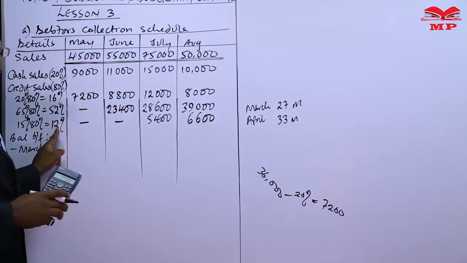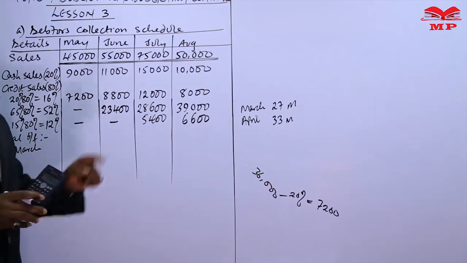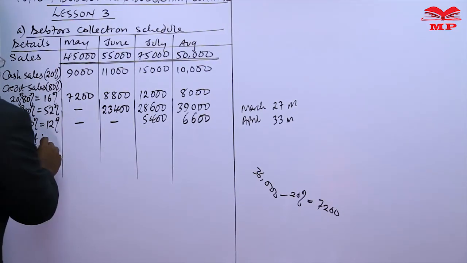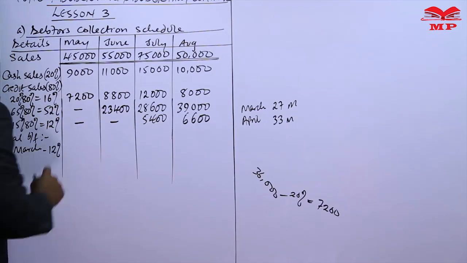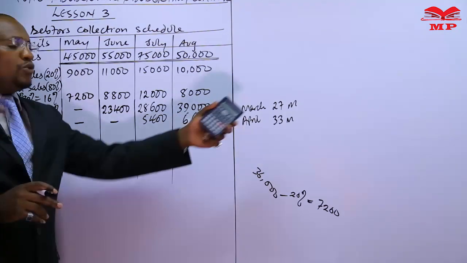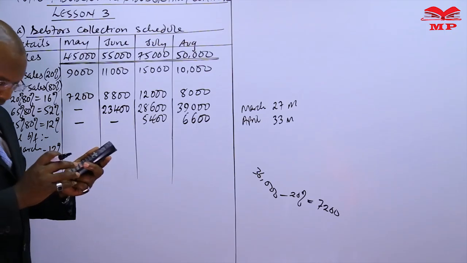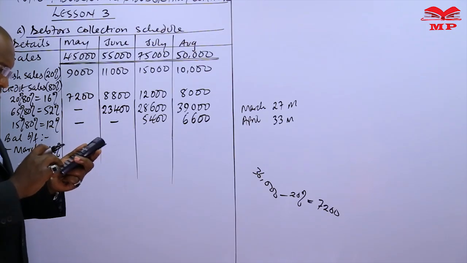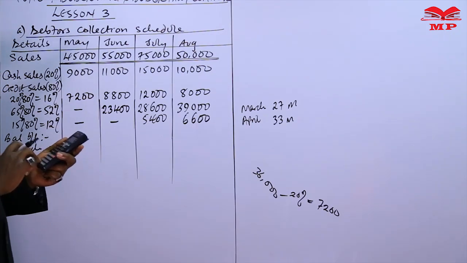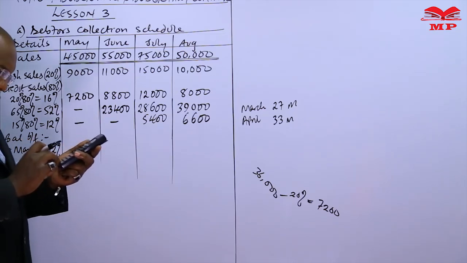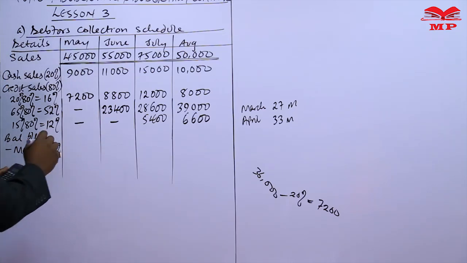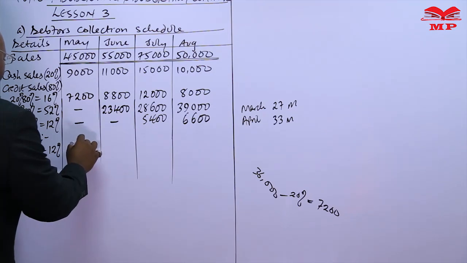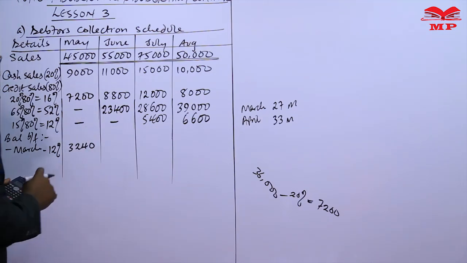Then now 12% is being collected in this month, which is now 2 months later. So it is 12% of this 27. So 0.12 times 27,000. This is to be collected here, 3240.